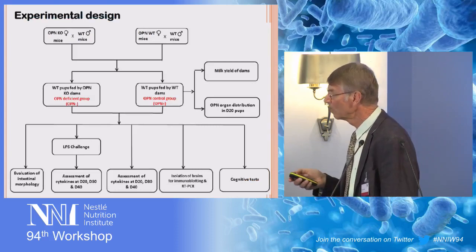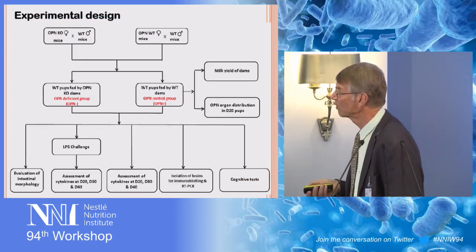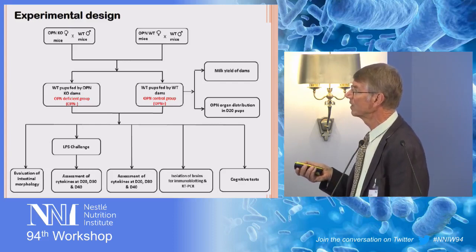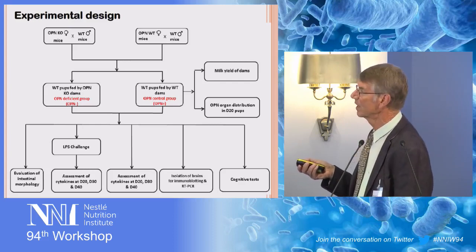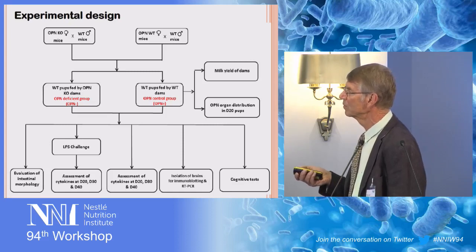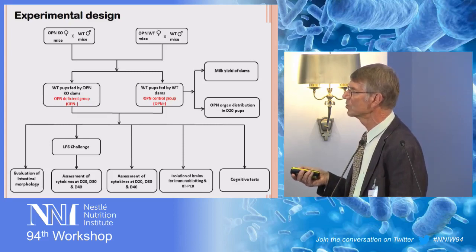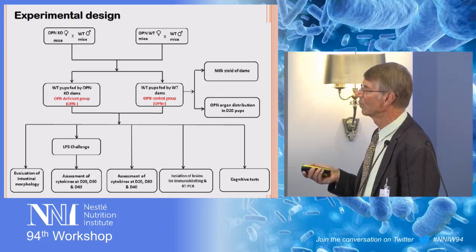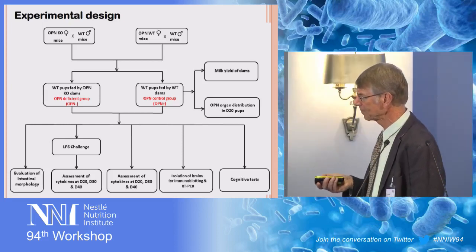And then we did a whole battery of tests. What I will show you first is, it's important when you have a knockout model that we didn't have an effect on milk yield, that they are lactating normally. We looked at the organ distribution in the pups by radiolabeling. And then we had these 2 groups that I just mentioned, those that were osteopontin negative, that didn't get osteopontin in the milk, and those that got osteopontin in the milk.